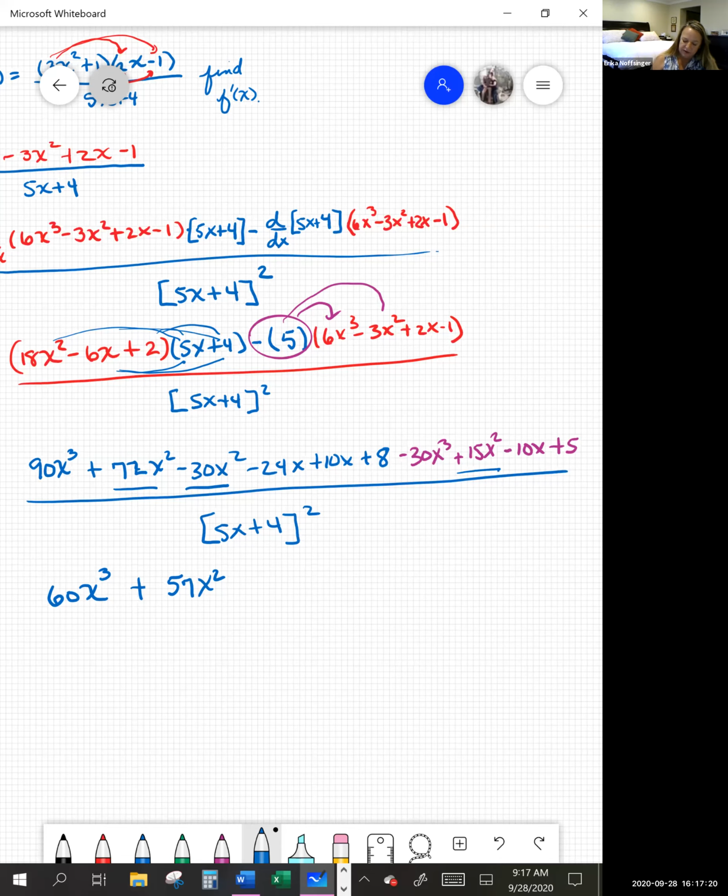And then for the single x terms, we have negative 24x plus 10x is negative 14x, and negative 14x minus 10x is negative 24x. And the last one is 8 plus 5, so that's plus 13, all over our denominator, 5x plus 4, quantity squared.